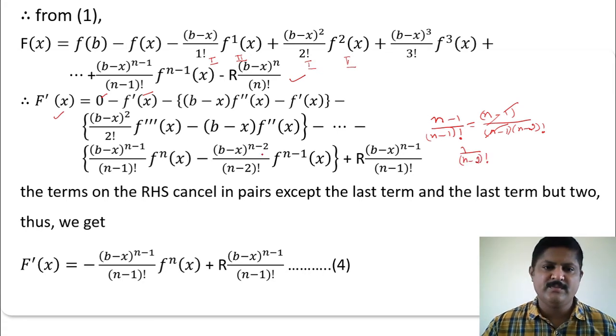Therefore, this becomes 1 by n minus 2 factorial into fn minus 1 of x.